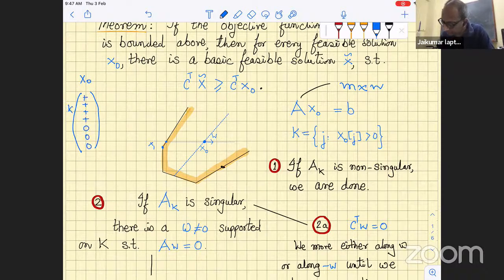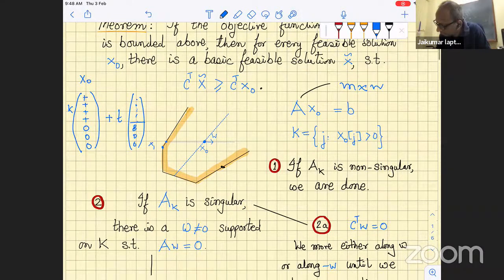And now we are going to add some t times w. And w has non-zero coordinates only in the same places where x naught has positive coordinates, and it has zeros here. And it has non-zero coordinates here, but we don't know if they are positive values or negative values.